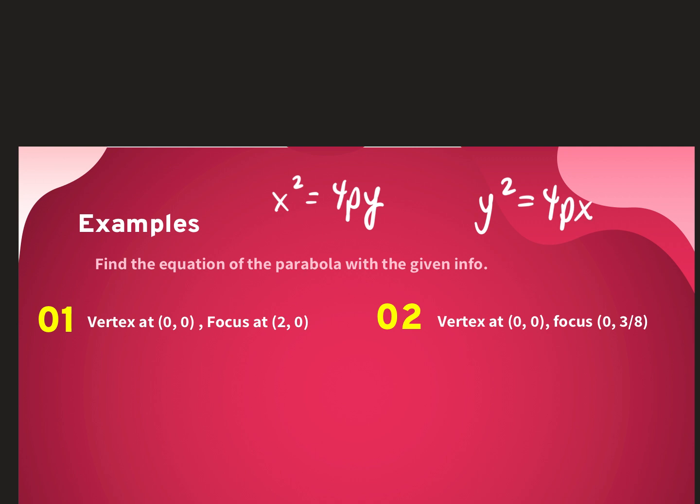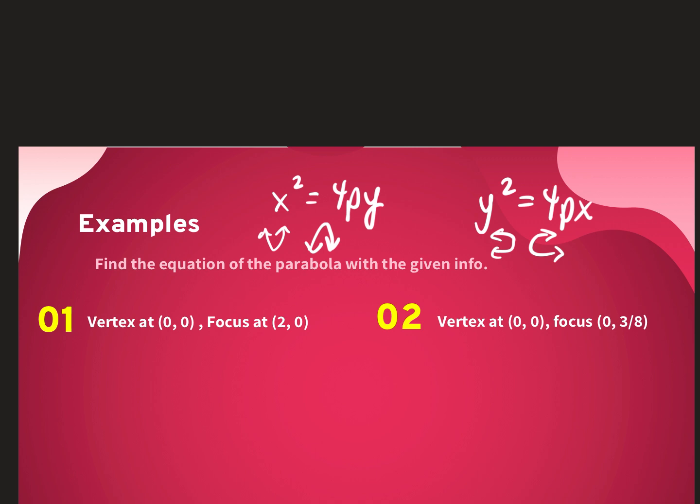Which way does the x squared open? Up or down, good. So up or down, think about it that way. Y squared opens left and right, okay? Everybody with me? And let's think about our p-value.